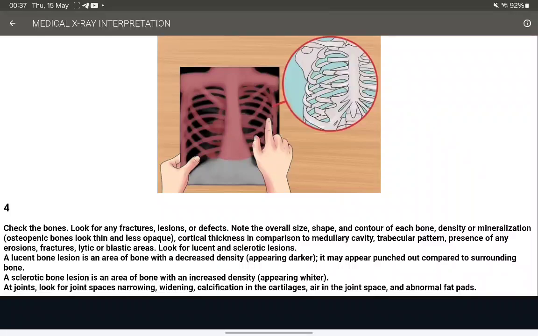A sclerotic bone lesion is an area of bone with increased density in comparison with the adjacent normal bone. At joints, look for joint spaces, narrowing, widening, calcification in the cartilage, air in the joint space, and abnormal fat pads.